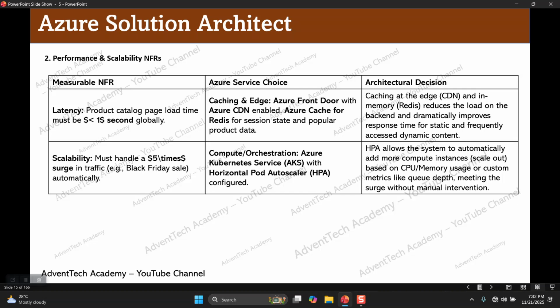Scalability. If the non-functional requirement is that the e-commerce platform must handle a 5 times surge in traffic, like Black Friday sales, automatically, we should deploy the e-commerce platform in Azure Kubernetes Service with Horizontal Pod Autoscaler.